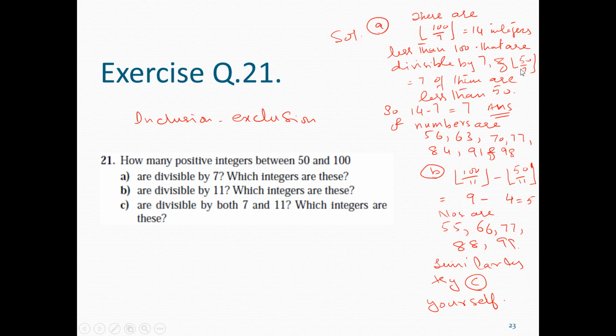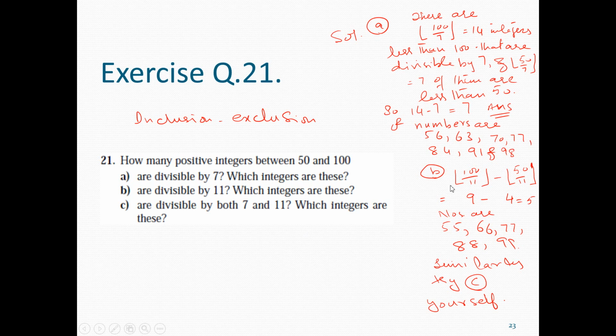And the floor of 50 over 7 is equal to 7, so 7 of them are less than 50. So between 50 and 100 there are 14 minus 7, right? So this is the subtraction rule or inclusion-exclusion rule. And these numbers are 56, 63, 70, 77, 84, 91 and 98. Now the ones divisible by 11, which integers are these?